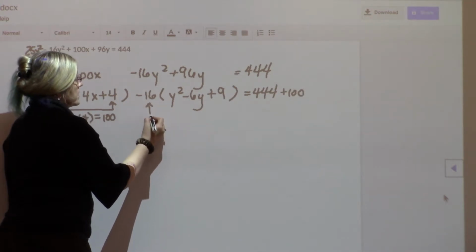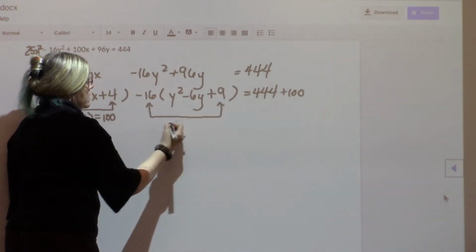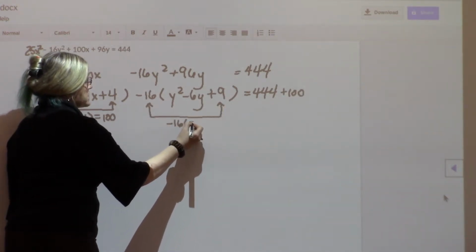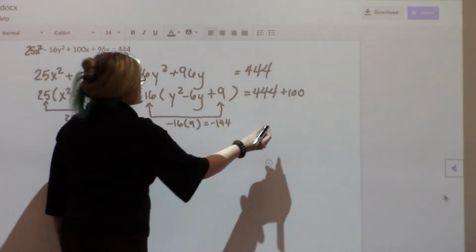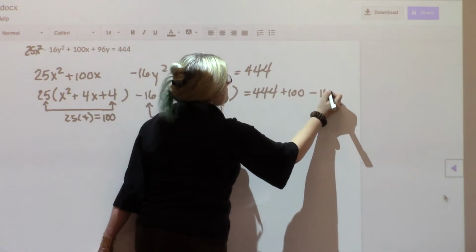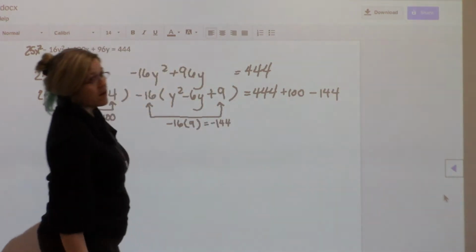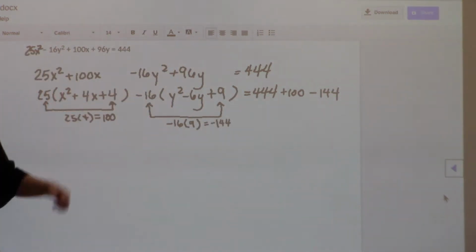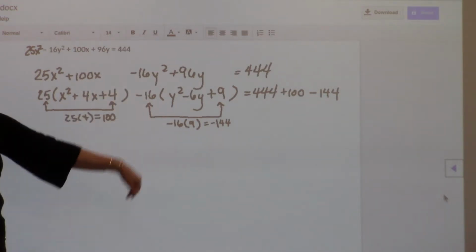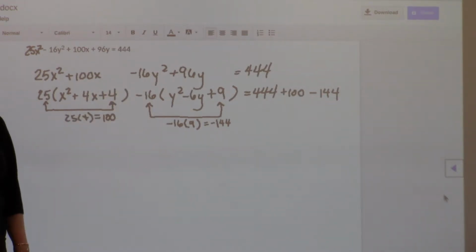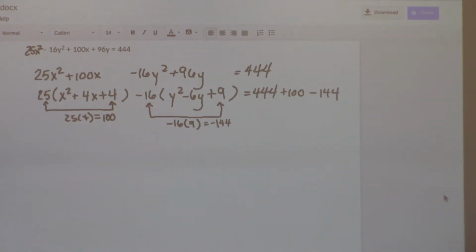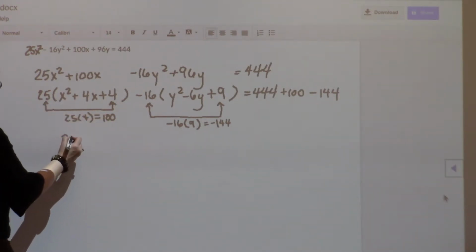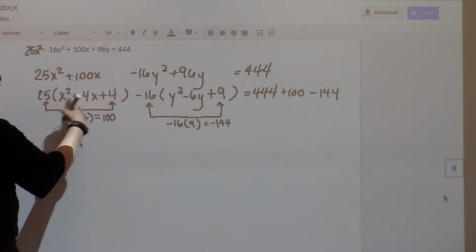But now look. Negative 16 times 9 is negative 144. So we have to subtract 144. We're no longer adding, we are adding and subtracting, whatever that second one is will be subtracted from the other side. Okay? Because of this minus sign right here. So be careful, don't make any mistakes. So this is now 25, and this is the perfect square of what?